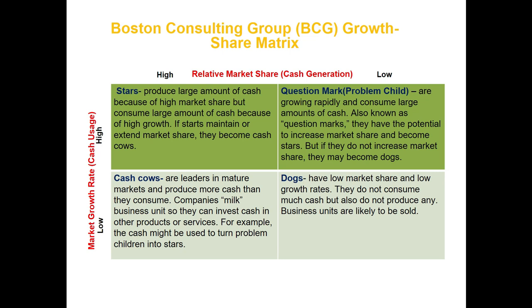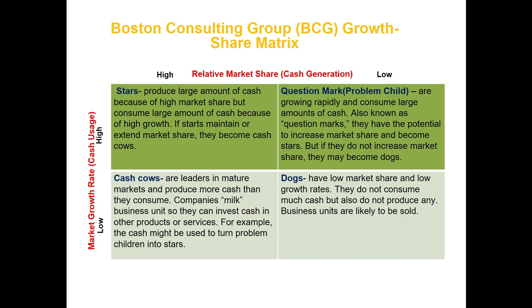So this is basically the aim of the company, diba? So companies milk business units so they can invest cash in other products or services. For example, the cash might be used to turn problem children, or problem child, or the question mark into stars.